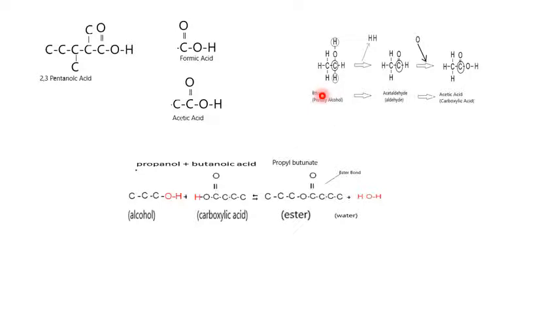Okay, so this is the oxidation of a primary alcohol to aldehyde, which we talked about last test, specifically ethanol to acetaldehyde, and then finally you can take an aldehyde and add oxygen to it to form a carboxylic acid.